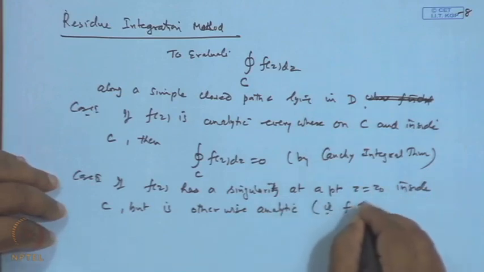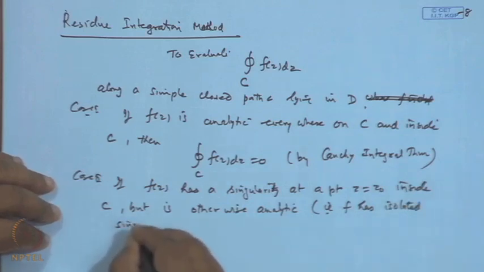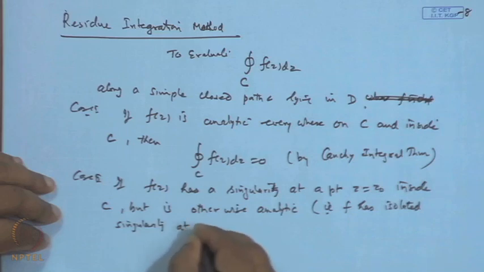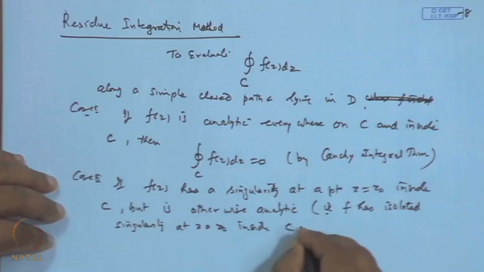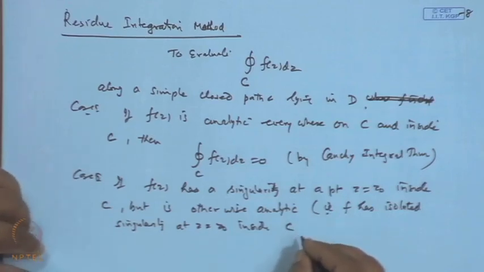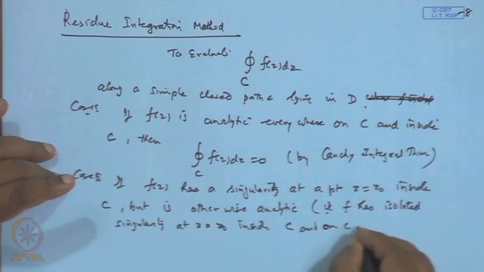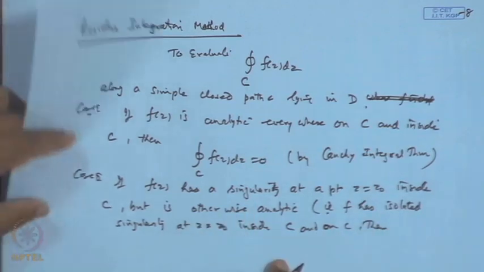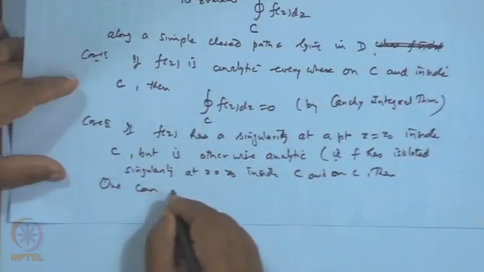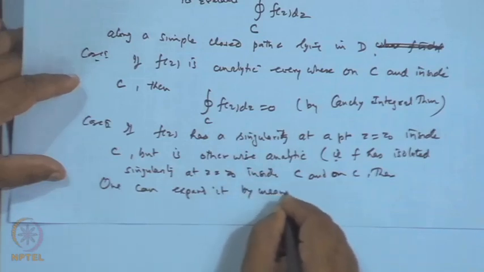That is, f has an isolated singularity at z equal to z naught inside C, and there is no other such point except z naught inside C or on C. Then one can expand this function f(z) by means of the Laurent series.